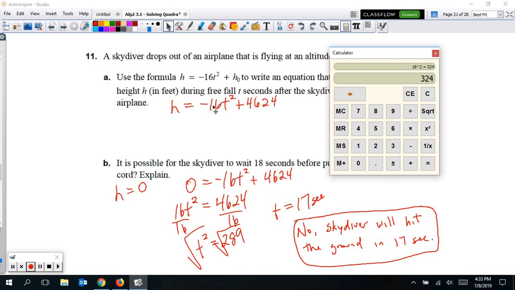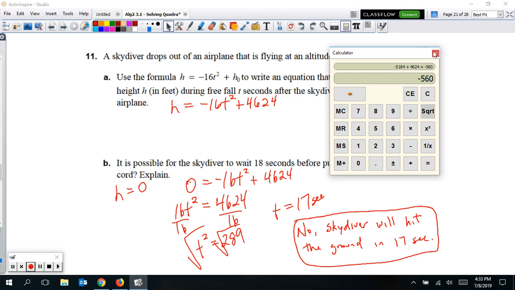We'd multiply that by negative 16, and that gives negative 5184. And we would add 4624 to it. Well, we're at a negative 560. That's obviously lower than the ground. So he's through the ground, in fact.